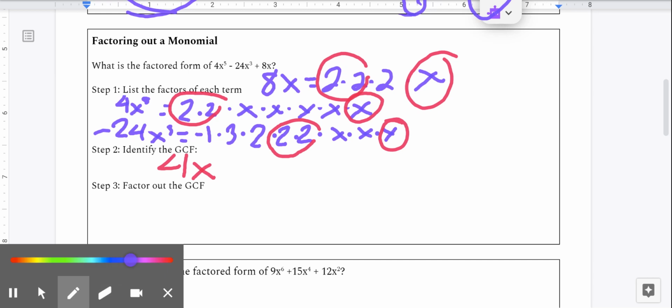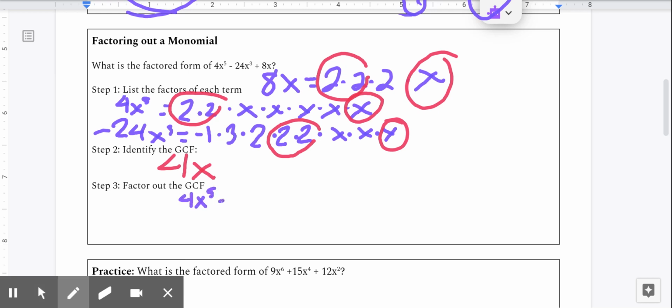we're really dividing each term in the polynomial by 4x. So our third step here really is taking that entire polynomial, 4x to the 5th, minus 24x cubed plus 8x, and we are factoring it out.